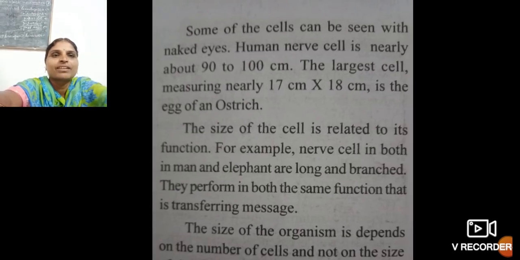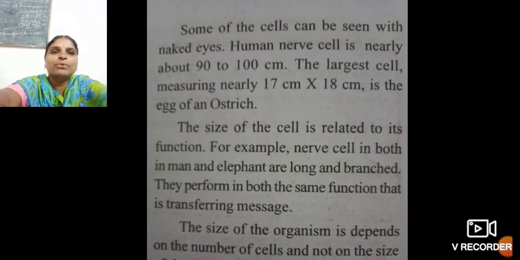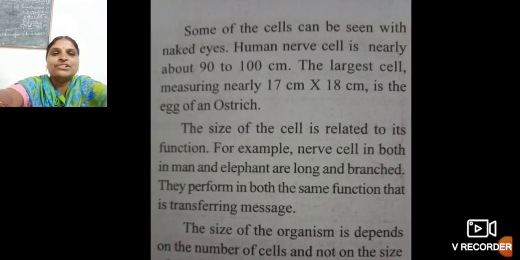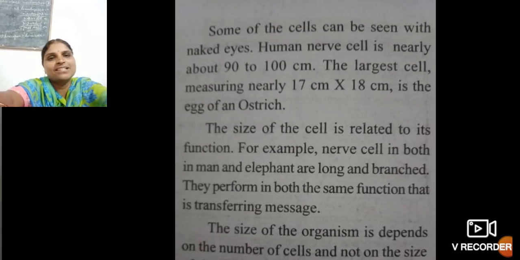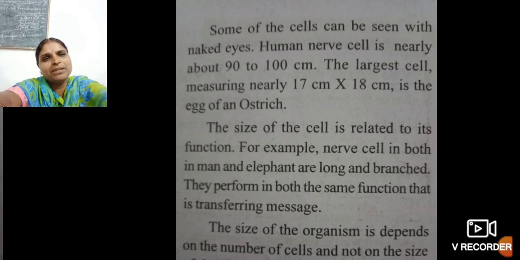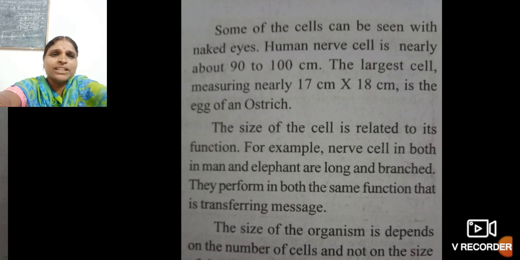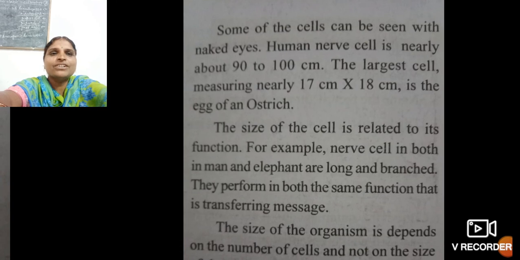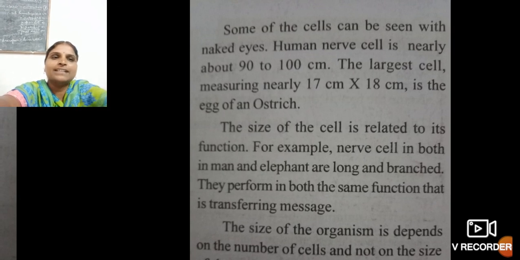The size of the cell is related to its function. For example, nerve cells in both man and elephant are long and branched. They perform the same function, transferring messages, whether in elephant, human being, or rat.